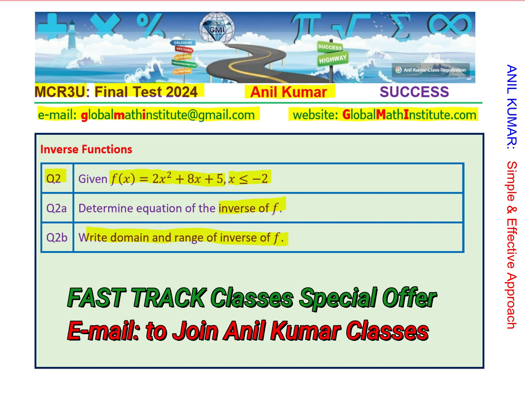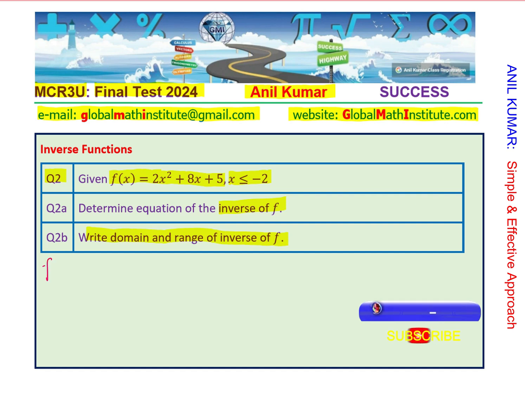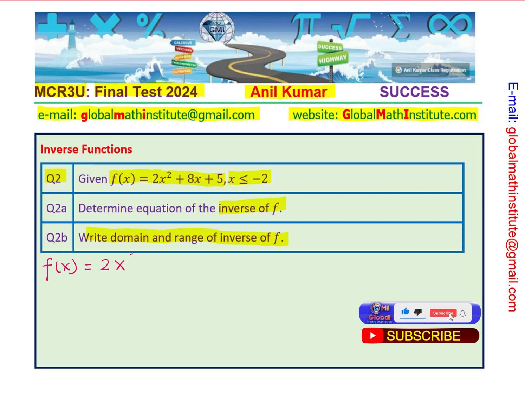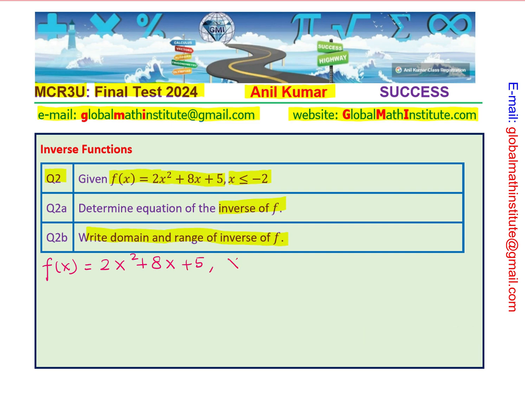Now let's see how we solve this question. We are given the function f(x) = 2x² + 8x + 5. We are also given that the domain of this function is x ≤ -2.